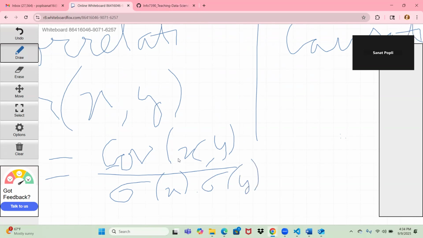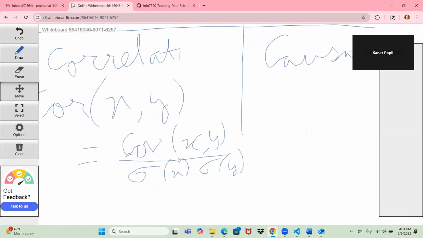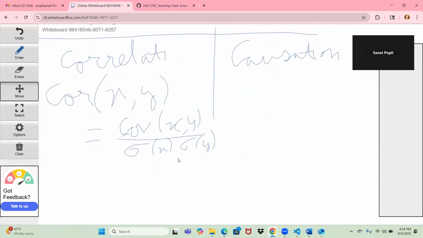But what is causation? Causation is basically when the two variables do not depend upon each other. That's what data science teaches us: correlation is not the only concept. So, what is causation?